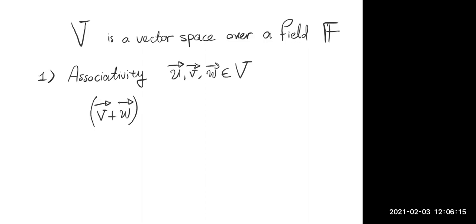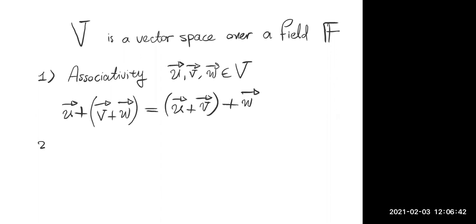For example, if you think about vectors in R2, it just means we are adding components, right? And then we can add u. And this operation should have the property that u plus (v plus w) is equal to (u plus v) plus w, if we add u and v first and then add w later. It's very similar to the associativity which we had for fields.